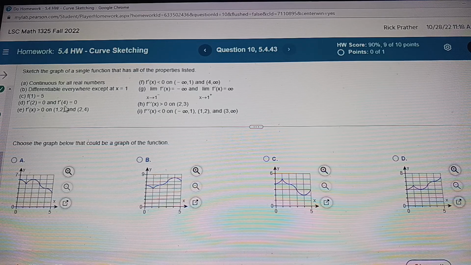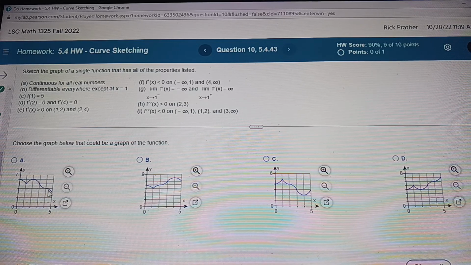The derivative equals 0 at both 2 and 4, so those could be local maxes and mins. When x is 2, yeah, there's a local maximum there. When x is 4, it doesn't have to be a local maximum. It just needs to be kind of flat for a second.